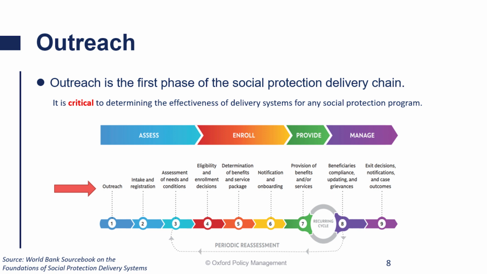And then there are multiple subcategories within these pillars. For example, access has subcategories of outreach, then transitioning to intake and registration, and then assessment of needs and condition, and so on. All the rest of the three pillars also have subcategories, and I will really appreciate it if you can go through this in detail.